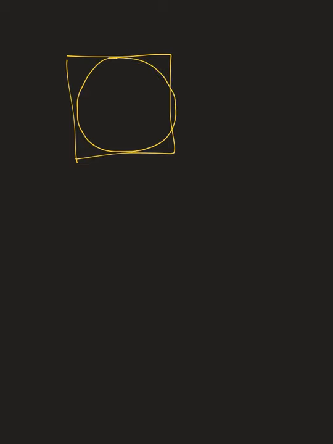You could also see a problem where you have a circle inside of a square. This is a rough sketch, so sorry about that. 20 feet, and then it's usually shaded around.